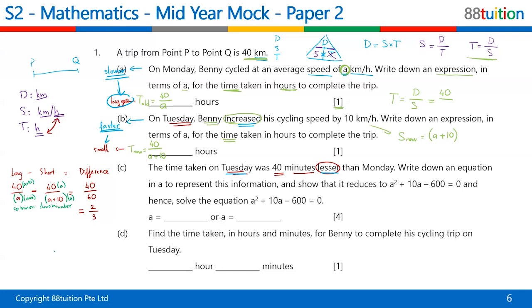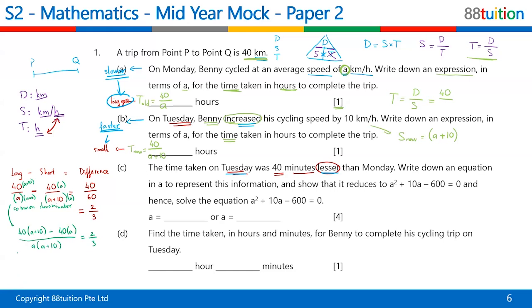Okay, for a common denominator, you need to multiply something to get the common part. So for this one, I will have 40 times A plus 10 minus 40 times A. And then down here, if you want, you can expand it. We have A times A plus 10. We will need to expand it later on, equal to 2 over 3.